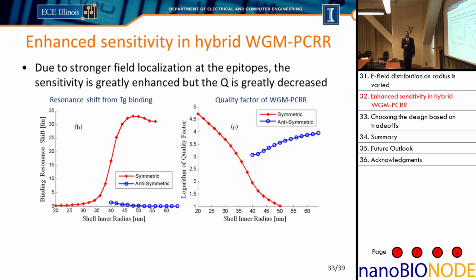Unfortunately, when you're looking at a microring-based sensor, what's important is not only how much of a wavelength shift you generate, but how narrow are the resonances that you're measuring. Because the narrowness of the resonance determines the error that you can make in determining the resonance wavelength. So when we start increasing the shell radius, unfortunately, the quality factor of the ring decreases significantly.